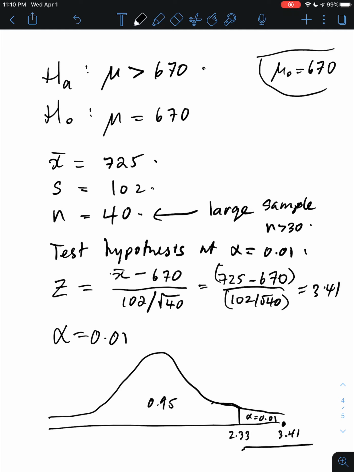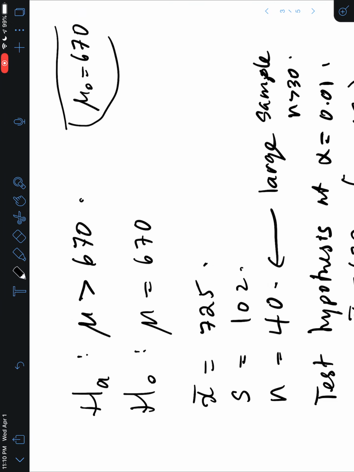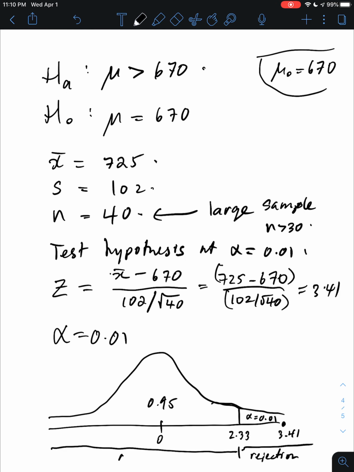That is in the rejection region. Remember, the acceptance region always contains Z0. Okay, so our Z statistic is in the rejection region. That means we reject the null hypothesis.